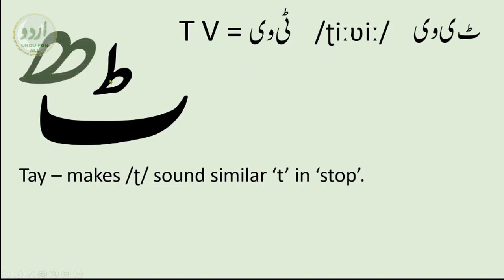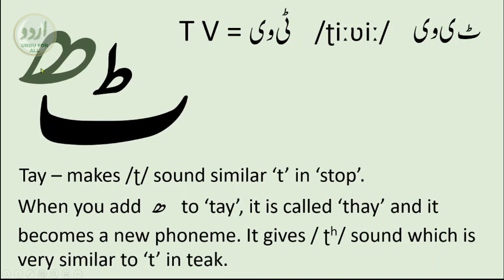Now, look at this now. When we add the do chashmi hai to te, it's called te, and it becomes a new phoneme. It gives a t sound, which is very similar to t sound in teak. So, look at this now.